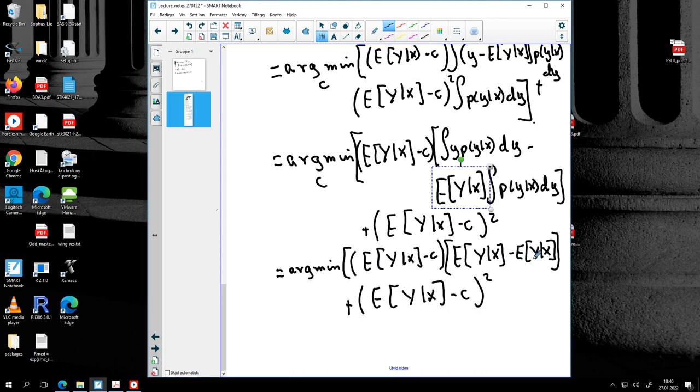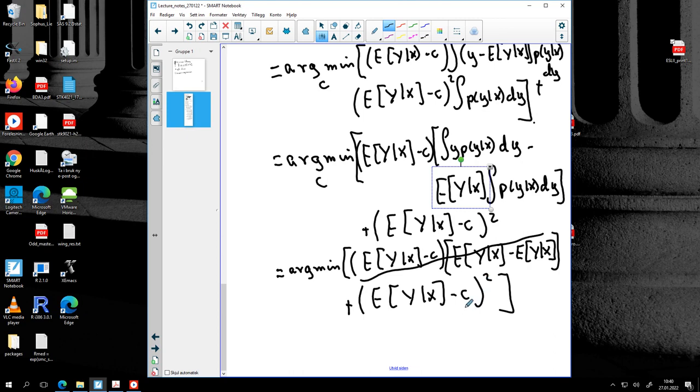Now we see that in this first term we have the expectation of y given x minus the expectation of y given x. That's just 0. So this cancels out. And the only thing that is remaining is this. Now, if we look at this term, because we have the square here, it's always greater than or equal to 0.